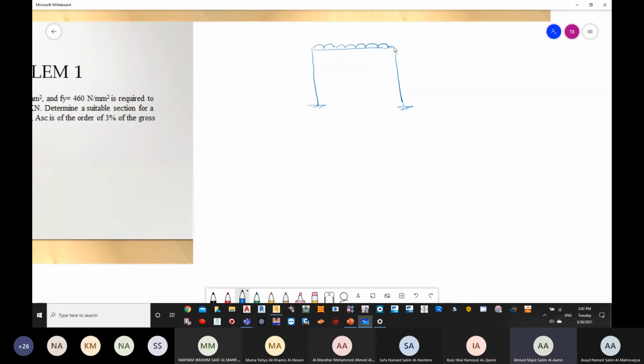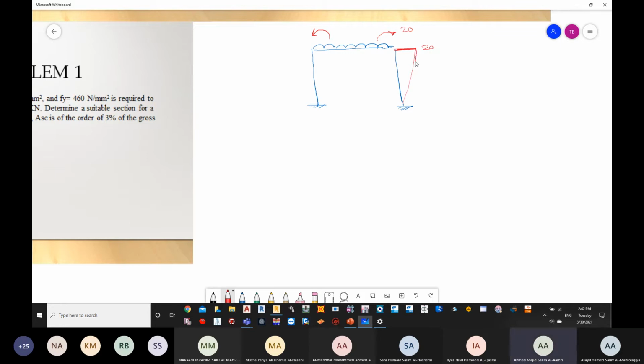Now you will see this particular beam is going to have an end moment here, and an end moment here. What does this mean? It means that this particular beam is going to push my column by a certain value of moment. So if this is 20, then this is going to be 20 as well.